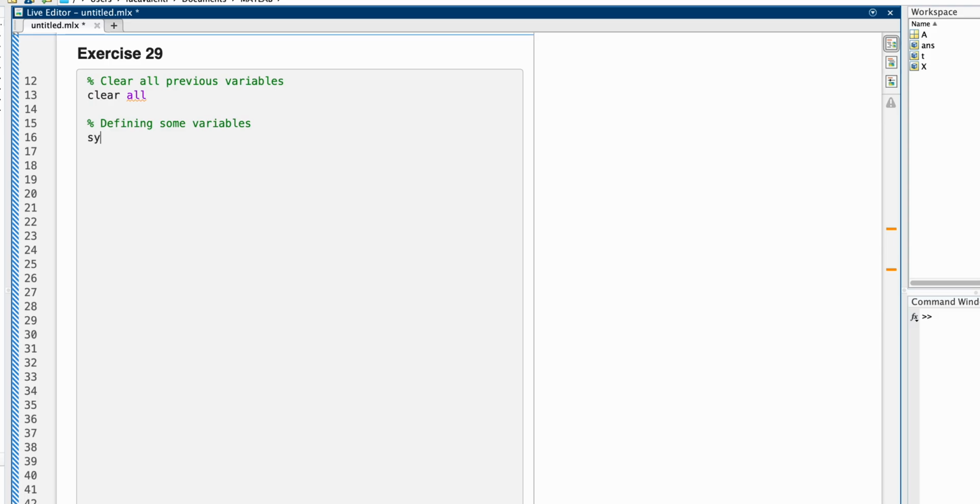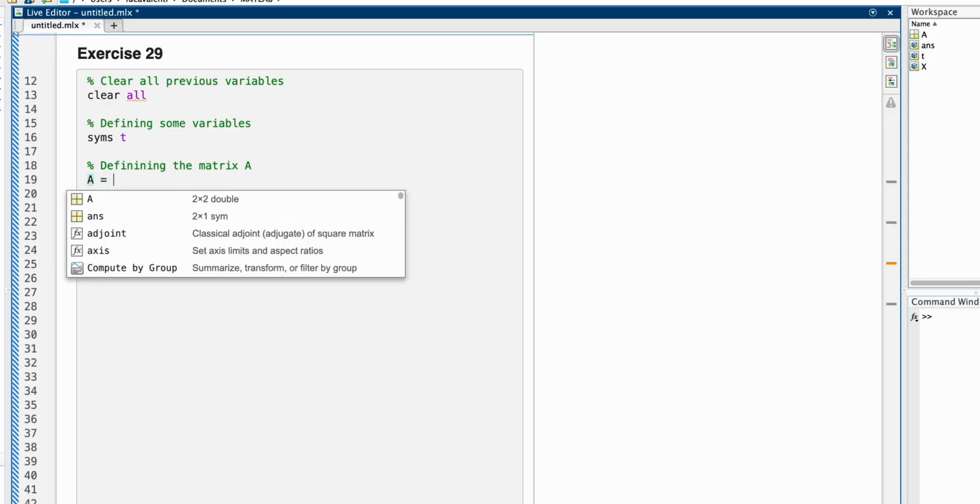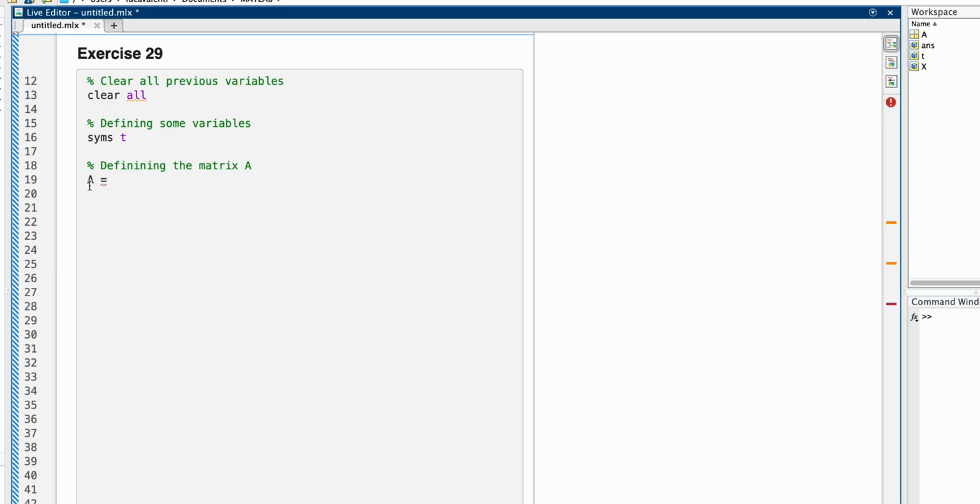What variables do I want to define? Really just t. And then I'm going to define the matrix A. To define a matrix, you use any variable, any letter you want. You say equal to, and then you open square brackets, and that is to tell MATLAB that you're going to define a matrix.